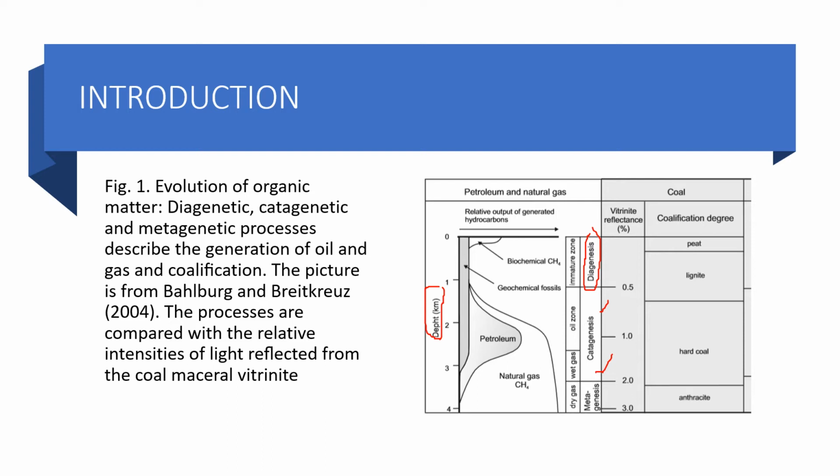All right, now, give and take a lot of things. Basically, you have your geochemical fossil distribution, more or less the entire depth. And then you have the biochemical methane, or methane that has been generated by microbiological specimens which are very close to the surface.